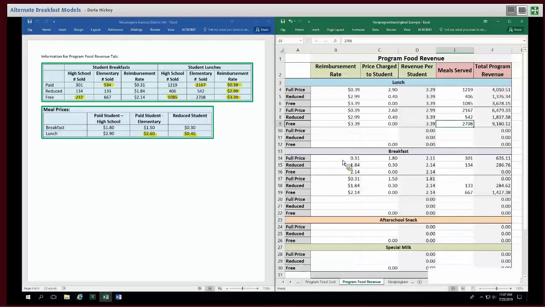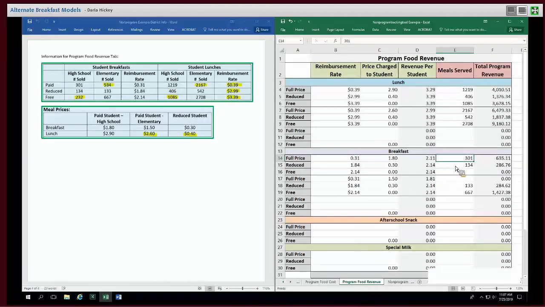Then I'll enter this information for breakfast. We have different rates we're charging the students at high school and elementary, so I entered those separately, and the reimbursement rates are the same for both schools: 31 cents, $1.84, and $2.14. So all I have left to enter is my meal counts.